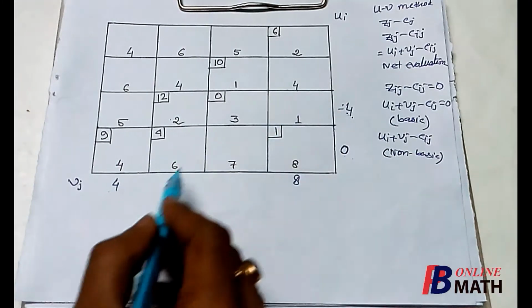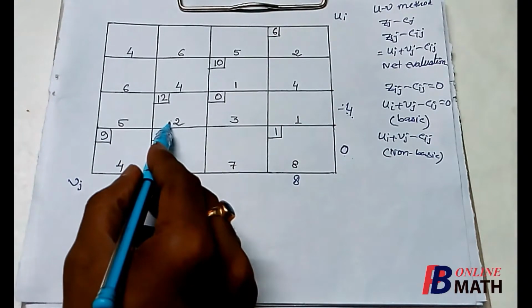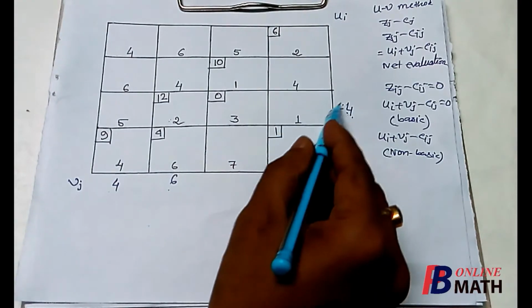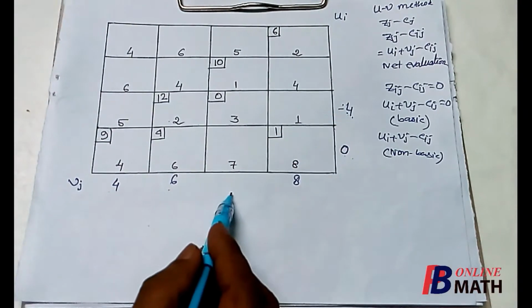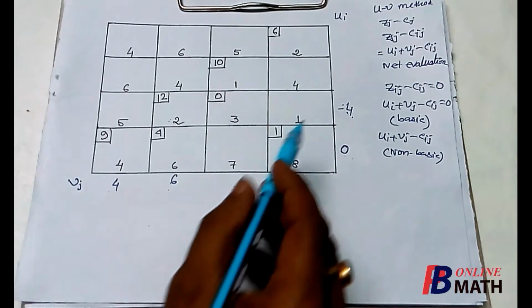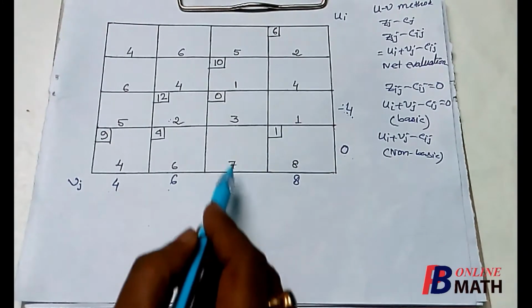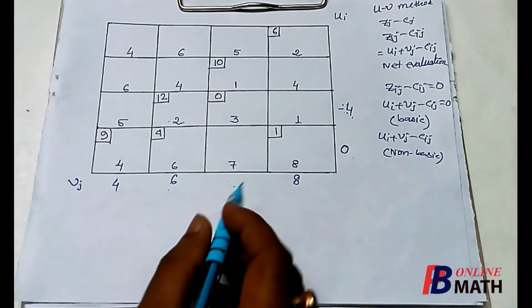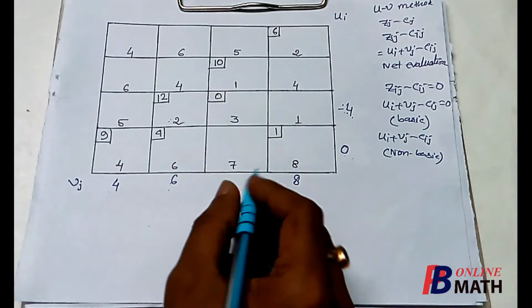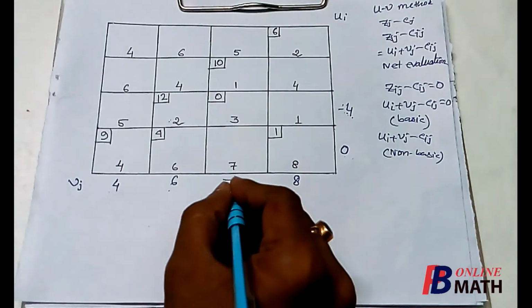Now using this value we can find this value. So we can easily determine that this value is nothing but 7.